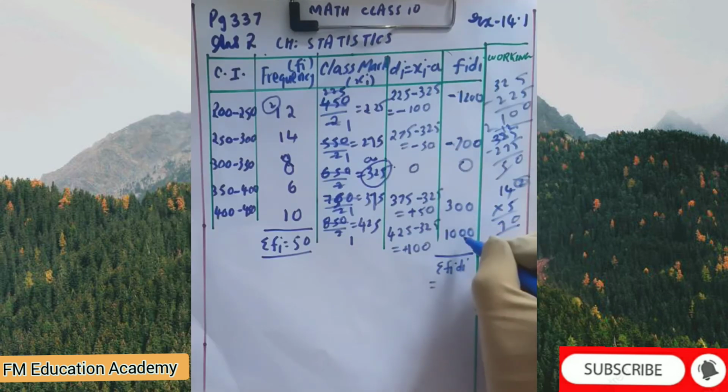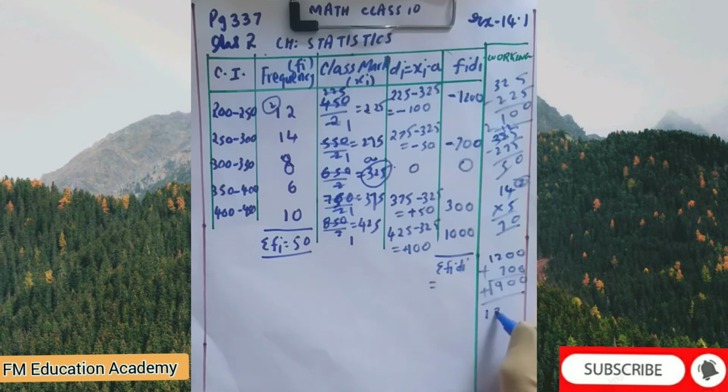And 300 plus 1000 is 1300. Here the total sign of 1900 will also be minus, because minus 1200 and minus 700 give minus 1900, and here I have plus 1300.